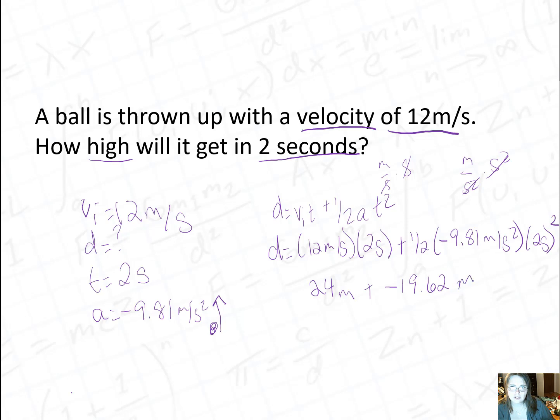So this is again meters. So 24 meters minus 19.62 meters. This gives us 4.38 meters. So as you can see here, this negative is really important to include. We already checked our units, so we're okay.